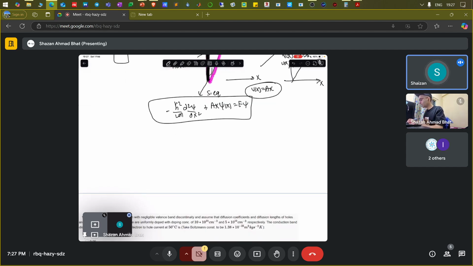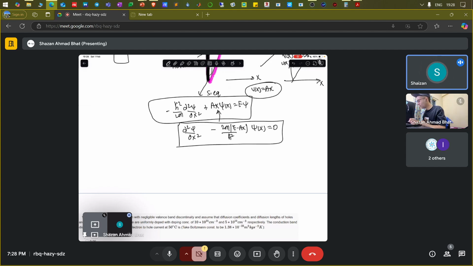Now what is the complication in this equation? That is this particular variable x. Now you will have the overall equation as del squared psi over del x squared minus twice m over h bar squared, and then you have E minus A x, psi of x equals 0. Did I write it correctly or not? No. This is twice m over h bar squared, times E minus A x, psi of x equals 0.